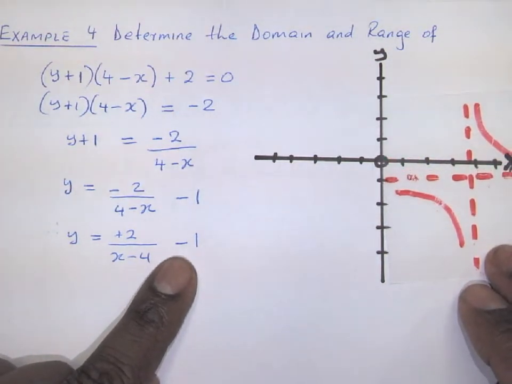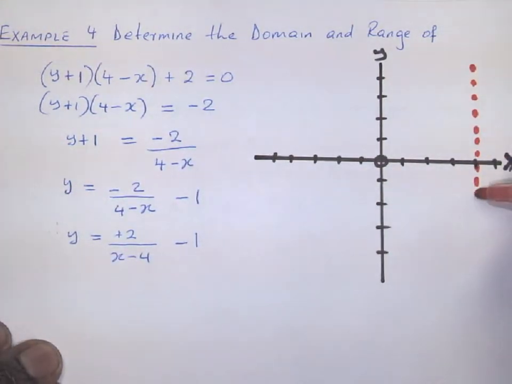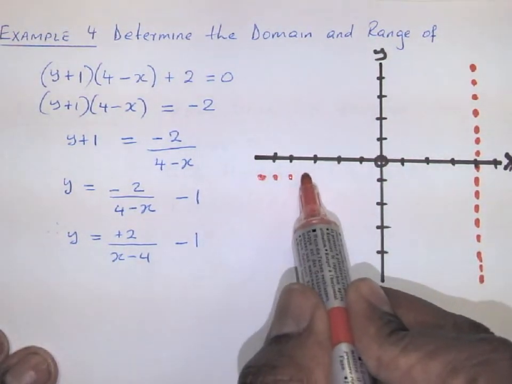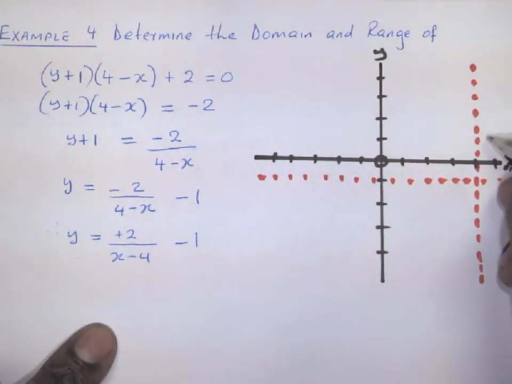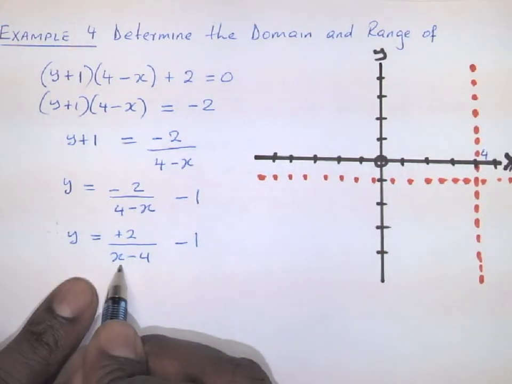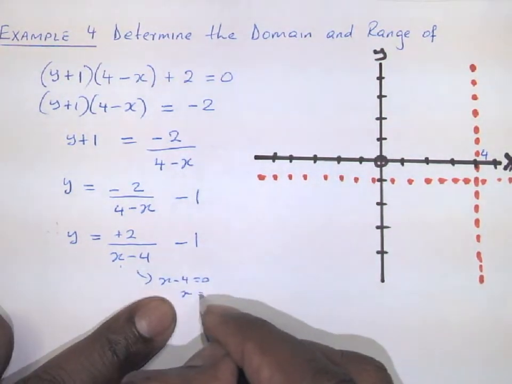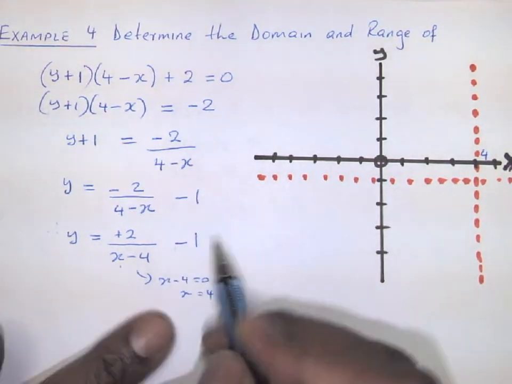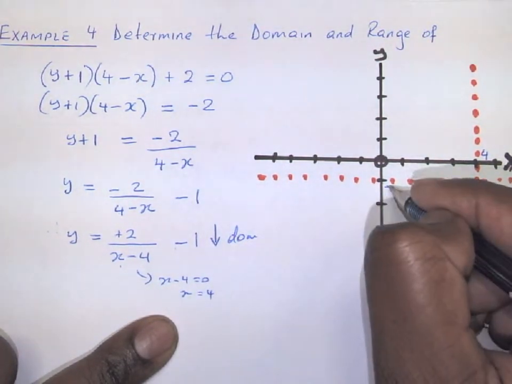So if I were to draw this graph, the vertical asymptote will be there, and the horizontal asymptote will be there, where the x value is 4, because we solve for x here. Remember, we say x minus 4 is equal to 0, so x is equal to 4. That's how I got that 4 over there. And then this one went down by 1 unit, so we've got a minus 1 there.